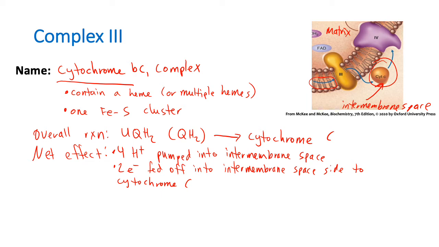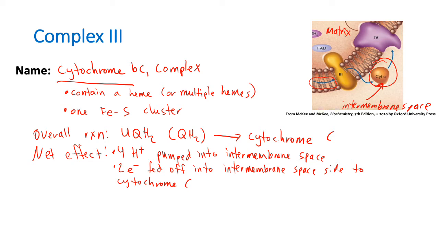Cytochrome C is associated with the intermembrane space side, or you can think of it as the external side of the inner membrane. So it's on the side where all the protons are, the proton gradient, the high concentration. Remember, Q was in the hydrophobic region, and this one's in the intermembrane space side region.